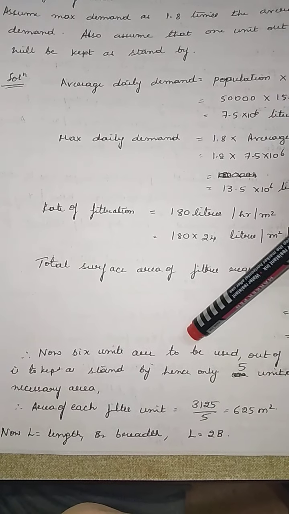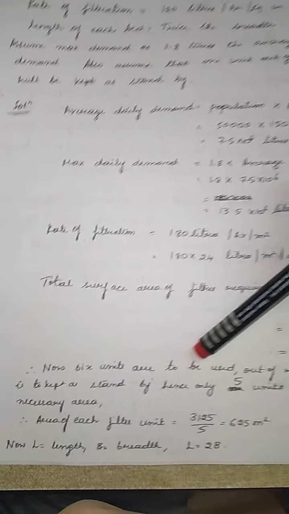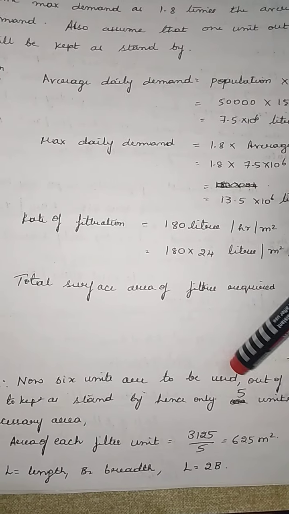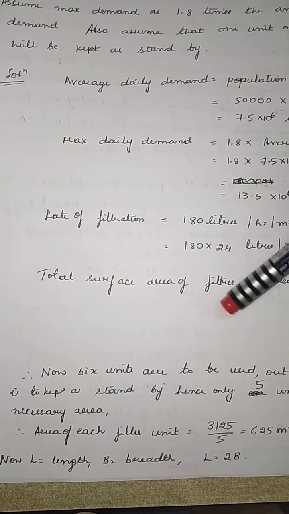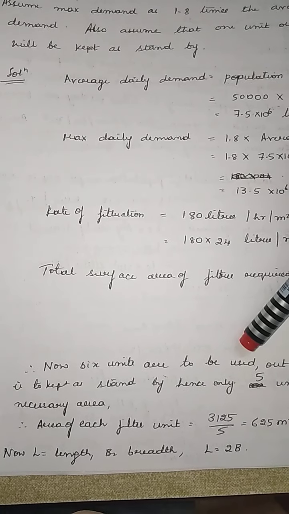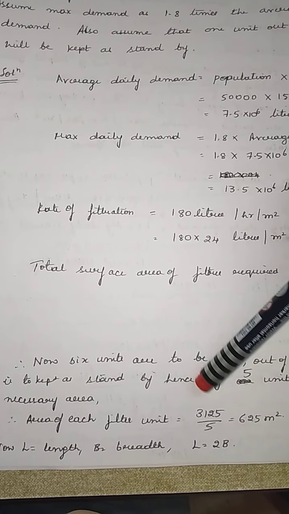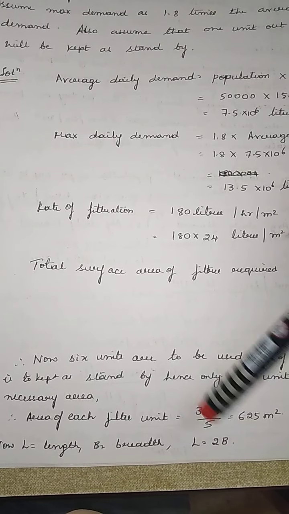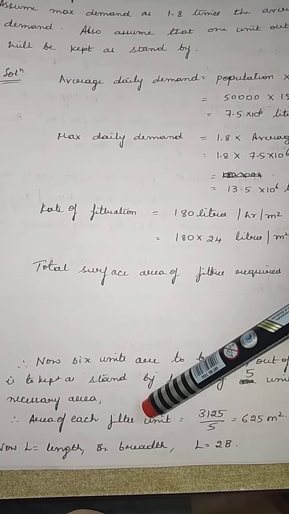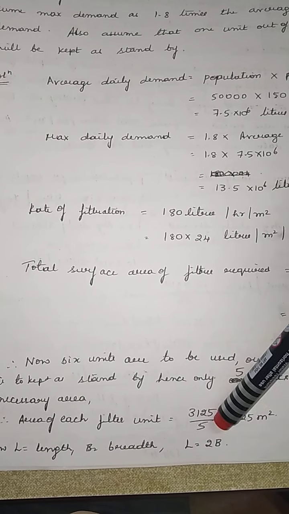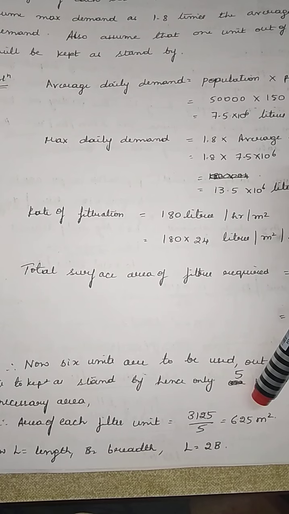One is kept for standby because if we want to do any operation or maintenance work, at that time we want one on standby. So area of each filter bed: how many filter beds are available now? We have 5 filter beds. So if we divide 3125 by 5, we get 625 square meters.